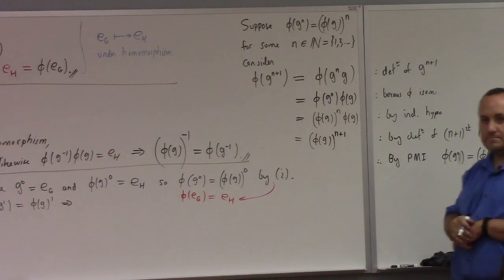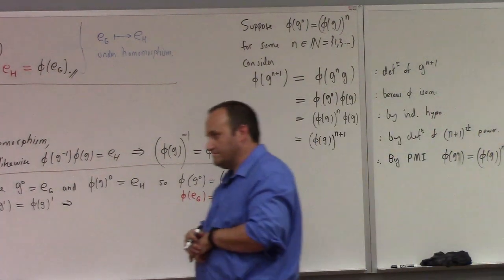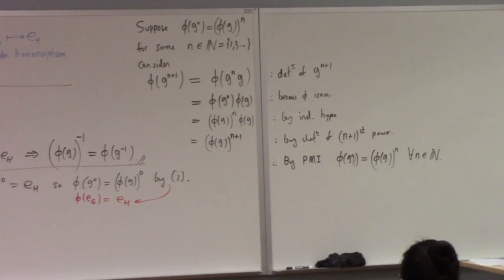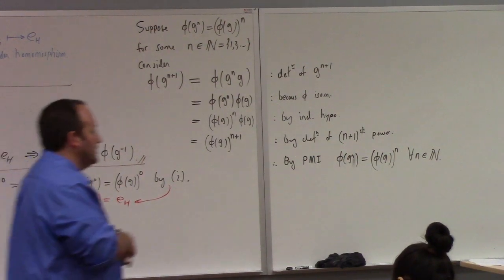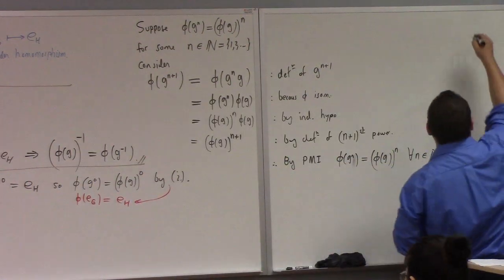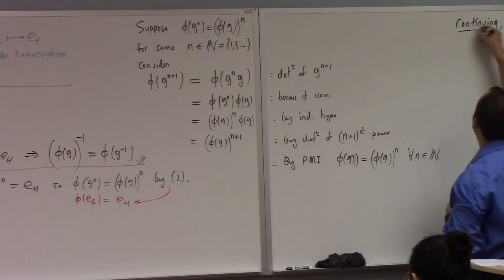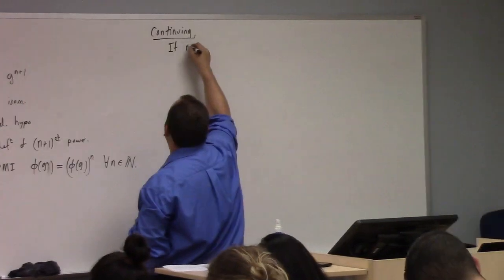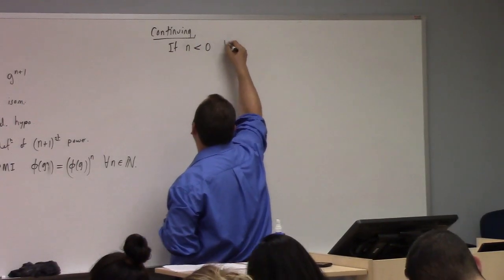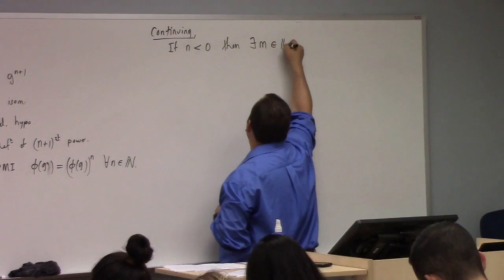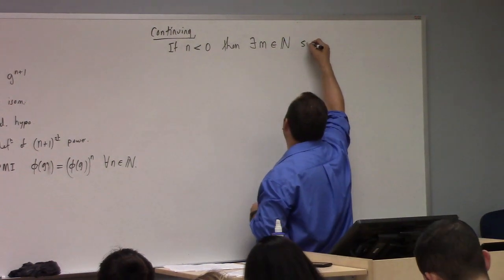We're still not done. What's left? Yes, negative numbers. So what can we do there? Let's suppose, continuing our proof, if n is less than 0, then there exists m in the natural numbers such that what?